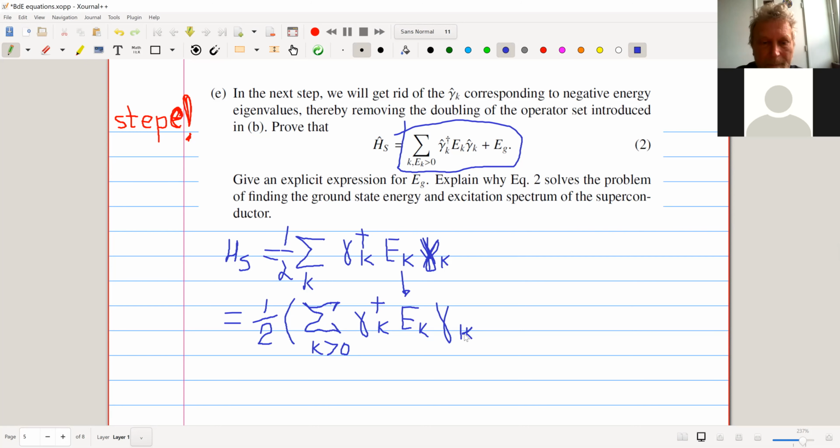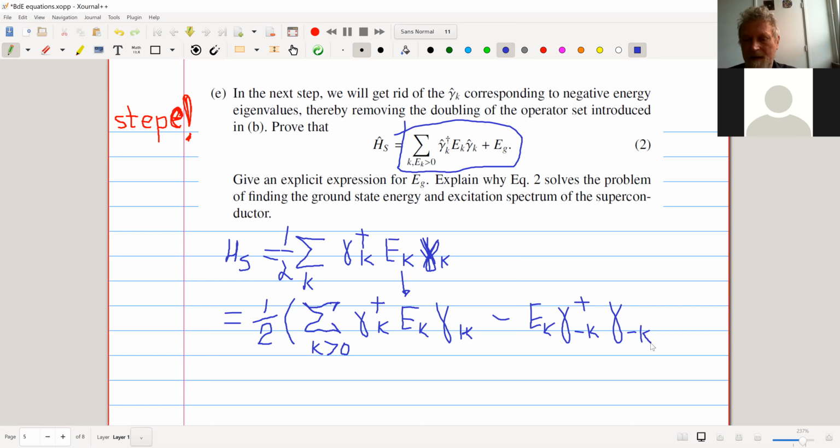I want to now add the same k at opposite energy. Energy has switched to minus E k. Why do I write psi? That's not good. Gamma minus k. Gamma minus k. All right.